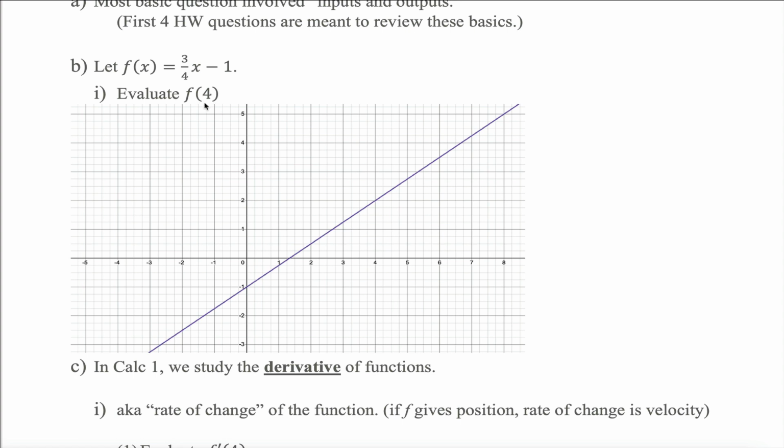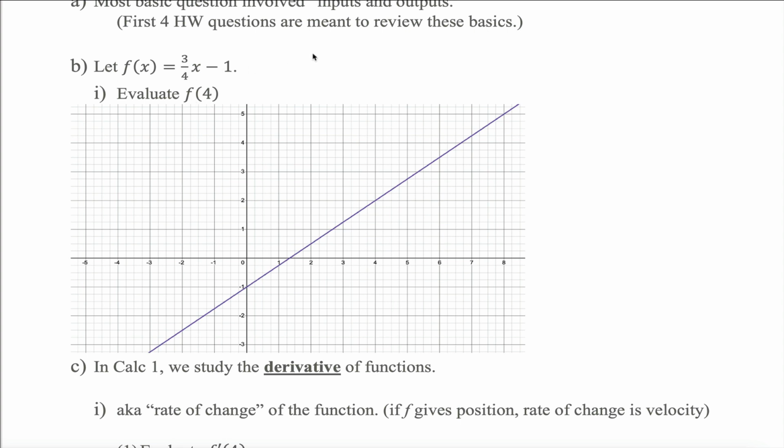Hopefully you're able to look at this and understand that this is kind of a mathematical machine, and this is asking me to put the number 4 in place of x into this machine. The easiest way to evaluate f of 4 algebraically is to copy exactly what you see here, think of it like a blueprint, except change all the x's into 4's, because I don't want f of x, I want f of 4.